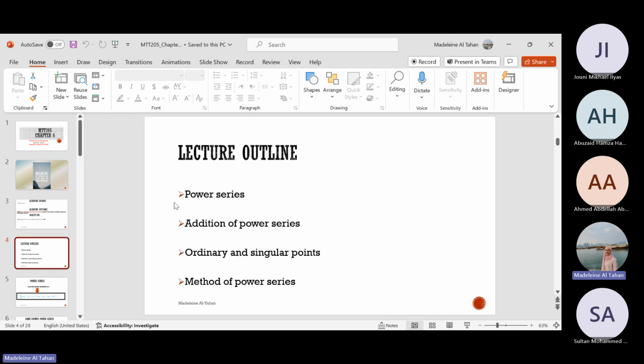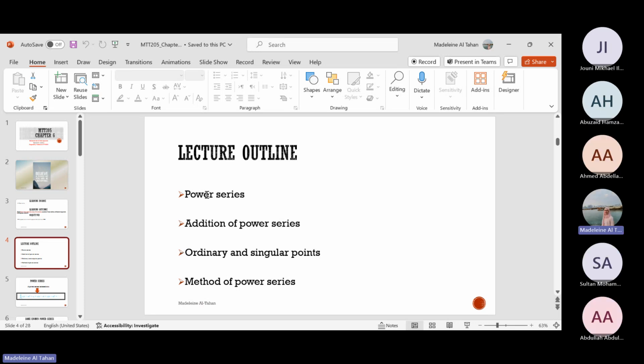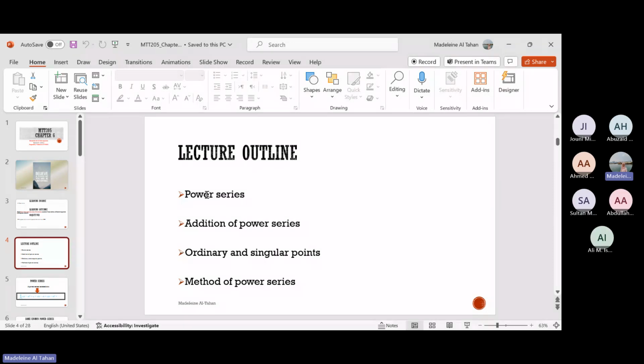What we did last lecture is we recalled together what's meant by power series, centered at 0 or centered at a, and we said that in our course we are just interested when it's centered at 0. Then we talked about the process of adding two power series together or more. Then we differentiated between ordinary and singular points, and we started with the method of power series solution, but we did not solve anything on it.